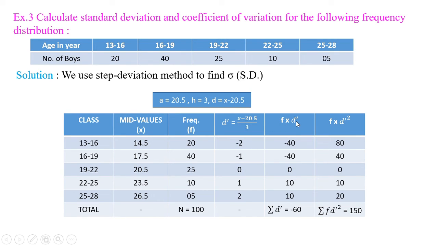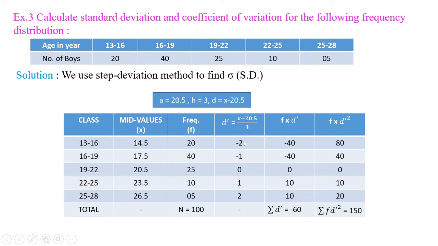Then we have to find f into d dash. Frequency 20 into d dash minus 2, 20 into minus 2 is minus 40, and after solving this we get minus 40, 0, 10, 10. And the last column is f into d dash square.